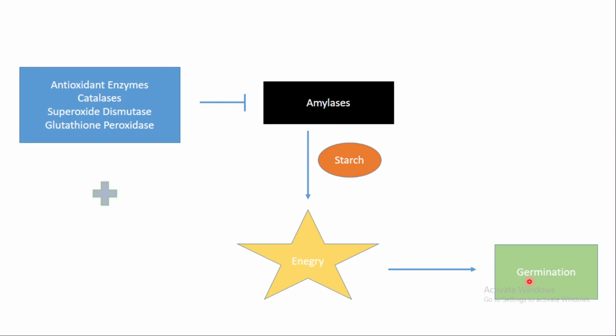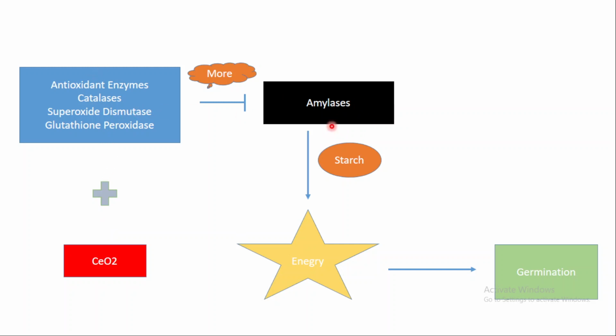Now what happens when we have CeO2 nanoparticles in presence of all these enzymes? Now CeO2 nanoparticles will cause more inhibition of amylase by these antioxidant enzymes, because CeO2 will also offer its antioxidant property, and this antioxidant property will inhibit the amylases.